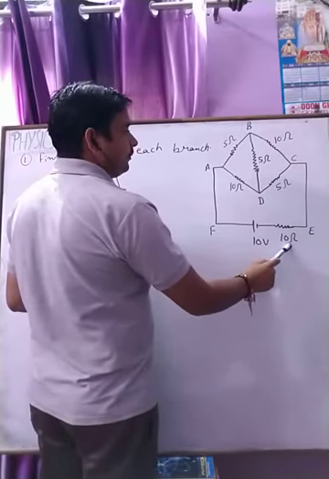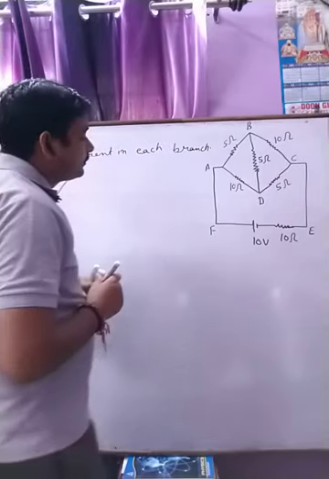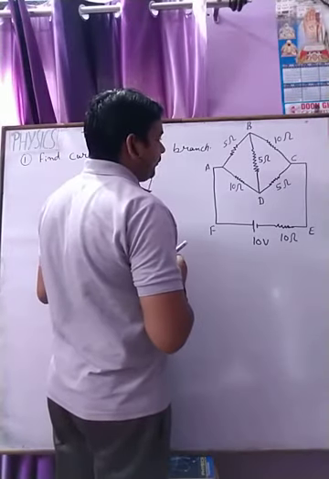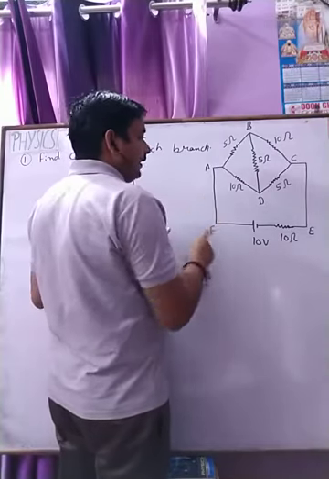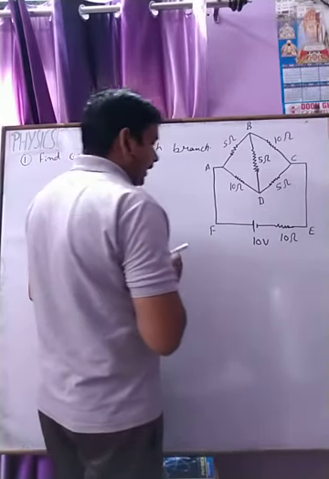For calculating the current in each branch, we first need to divide the current across each branch.